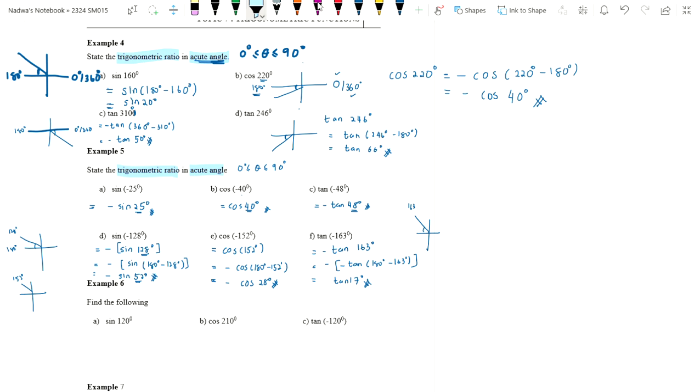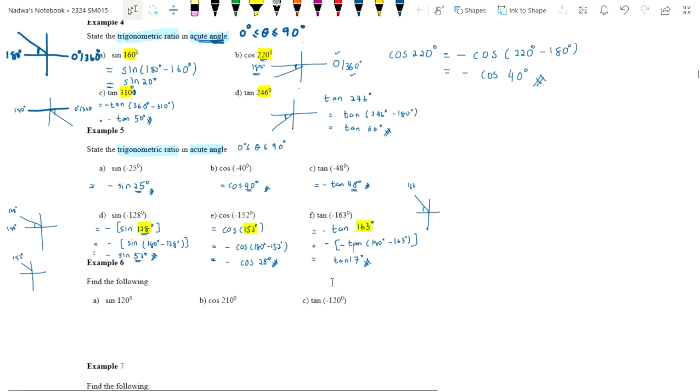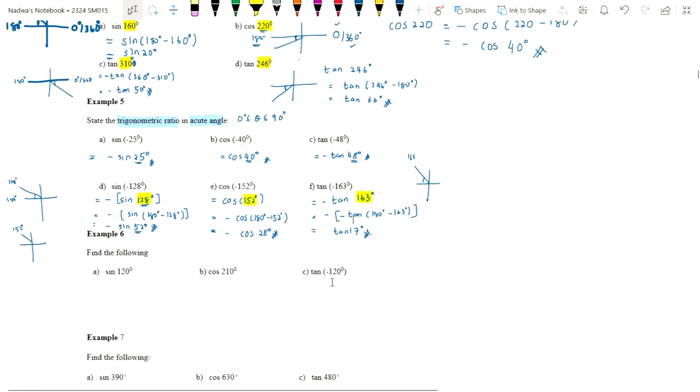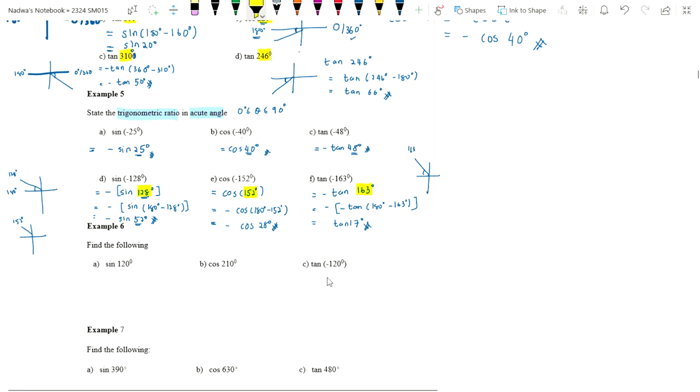Next, we have to identify which quadrant your angle lies on, because when you know which quadrant it is, then you can find the angle with the correct sign, because this is all positive, this is where sine is positive, this is where tangent is positive, and this is where cos is positive.